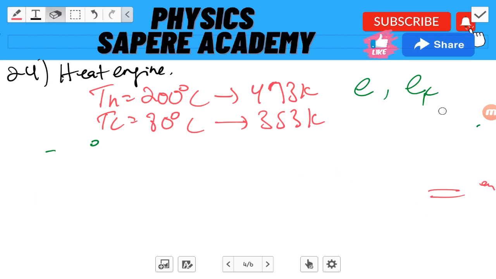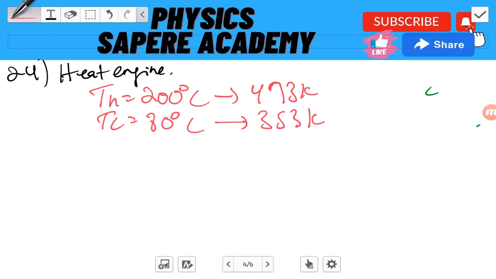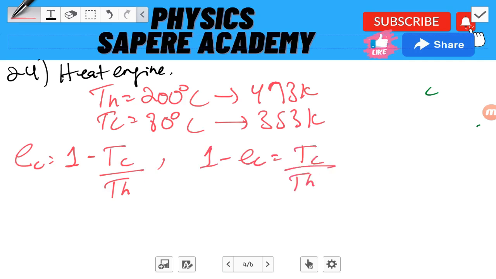To solve this question we can use the equation for the Carnot maximum efficiency, which is EC = 1 minus TC over TH. From this equation we can find TH or TC, but since these two are given, I can directly find EC.